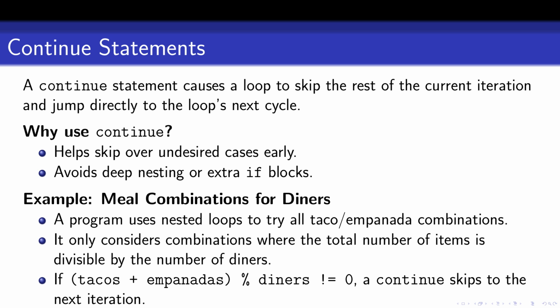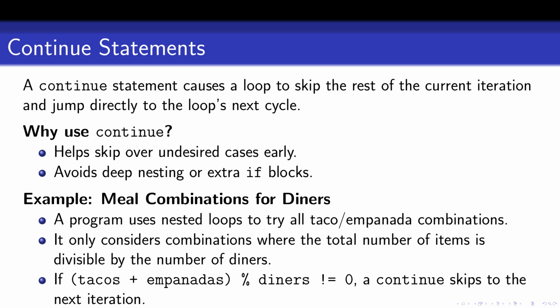The continue statement is another loop control tool, but instead of terminating the loop entirely, it skips the rest of the current iteration and jumps straight to the next one. This is useful when certain conditions should be excluded from further processing. The example provided deals with meal combinations for diners.